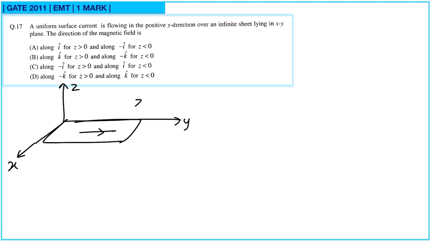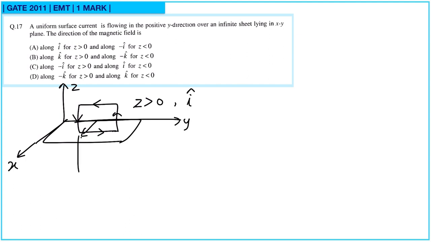So in the region z greater than 0, we can consider an Amperean loop. This loop is like this and current will flow like this. Now curl your fingers in the direction of this loop and the thumb will point towards the magnetic field. So here the magnetic field will be in this direction. So for z greater than 0, the magnetic field will be along I cap direction.